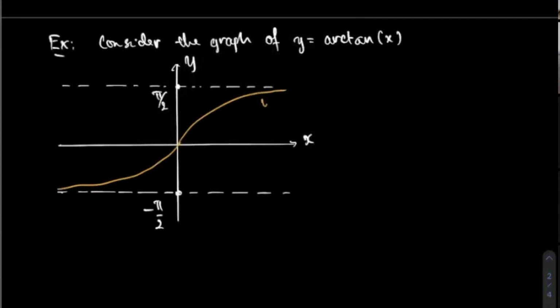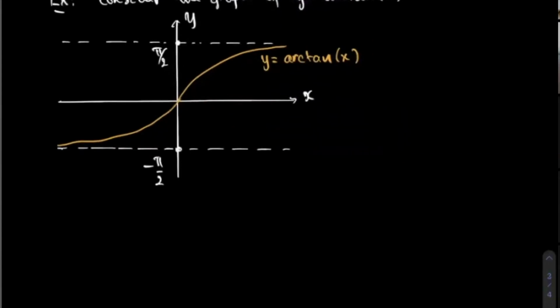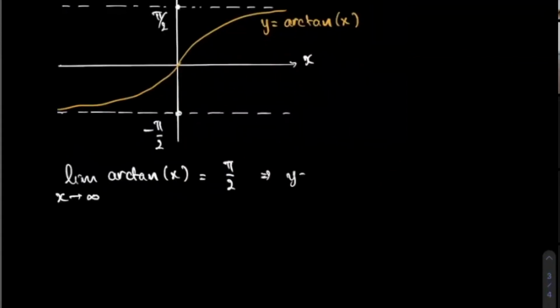The orange curve is y equal to tangent of x. By looking at this, you can see that the limit of arctangent of x as x approaches positive infinity is equal to pi over 2. This implies that y equal to pi over 2 is a horizontal asymptote.